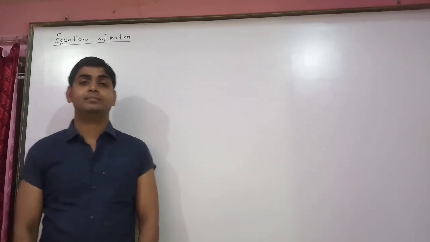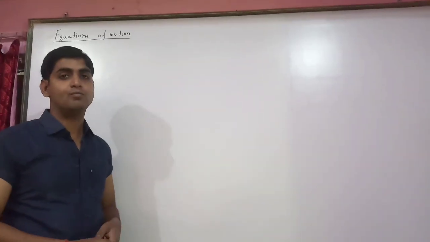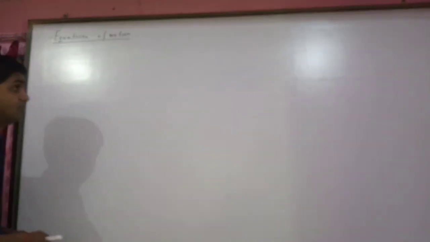Welcome to my channel. Today my topic is equations of motion. Basically there are three equations of motion: the first equation of motion, the second equation of motion and the third equation of motion.